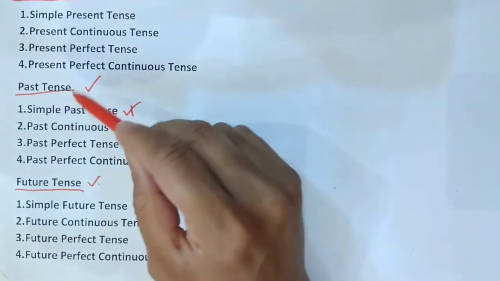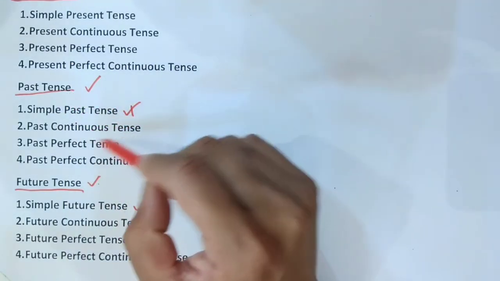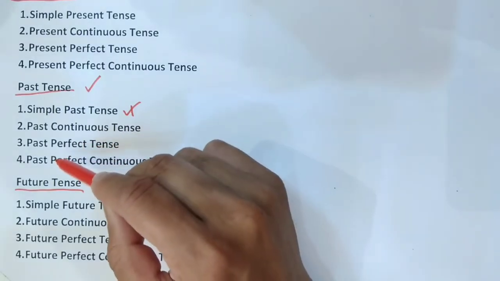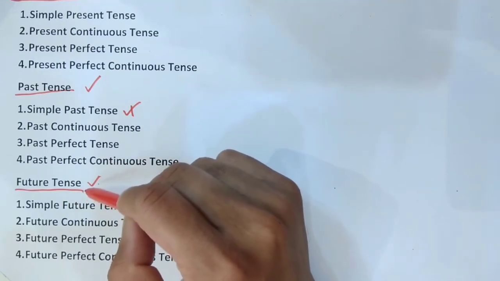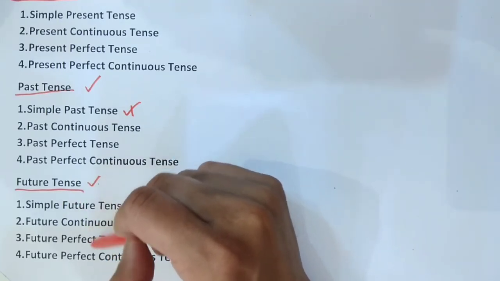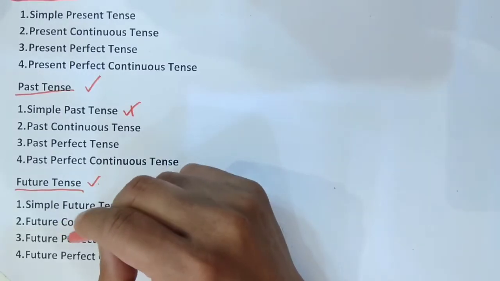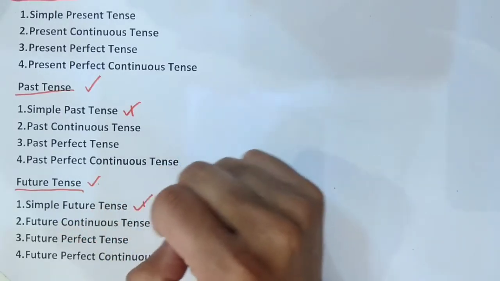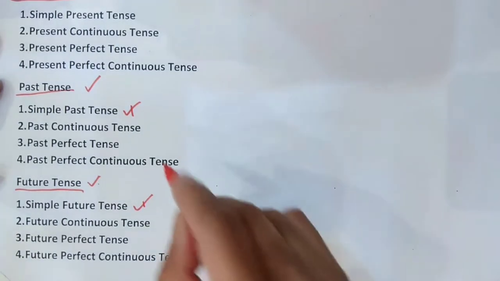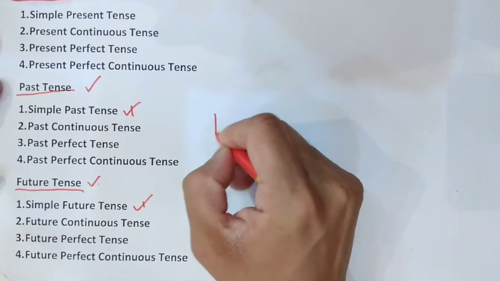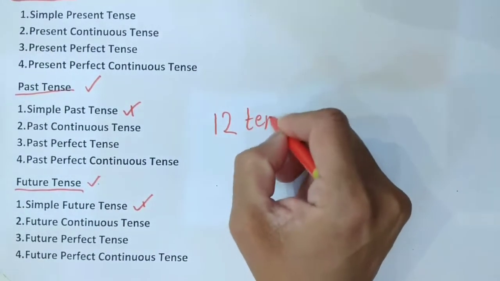In the same way, in the past tense, we have simple past tense, past continuous tense, past perfect tense, and past perfect continuous tense. In the future tense also, we have the same sequence: simple future tense, future continuous tense, future perfect tense, and future perfect continuous tense. So this is how we have these 12 tenses in English language.